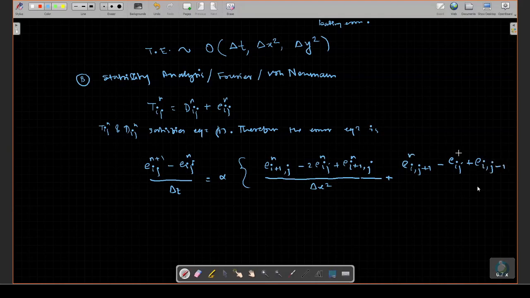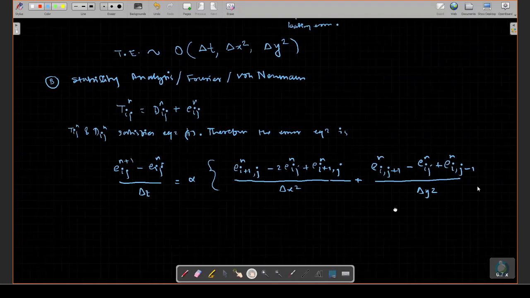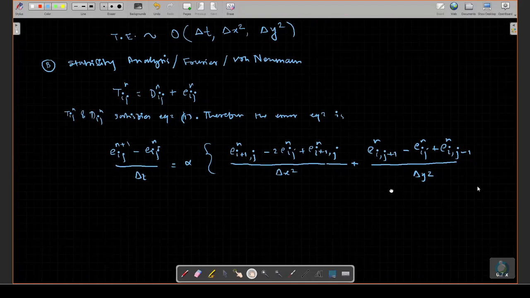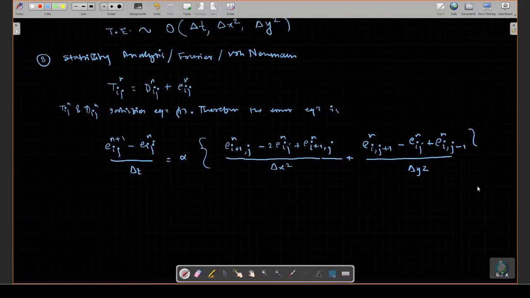So this is the same thing we are repeating again and again, but please keep on doing these things. Okay. So we got the error equation.